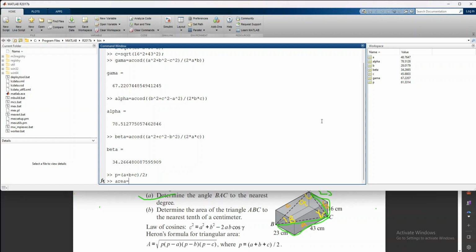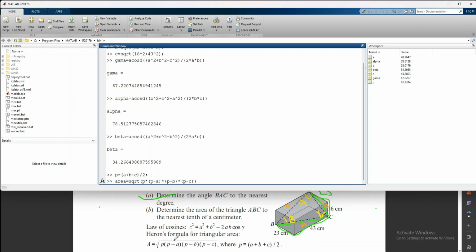Now we are going to solve for area. Area is equal to sqrt, bracket, P multiply by P minus a, bracket close, multiply by P minus b, bracket close, multiply by P minus c, bracket close, and bracket close for the square root.